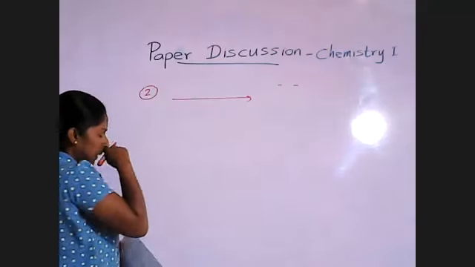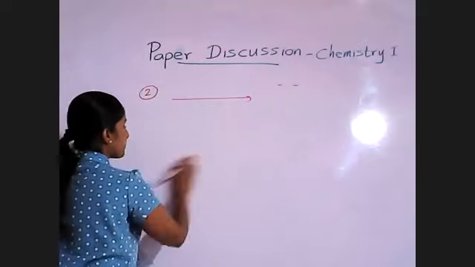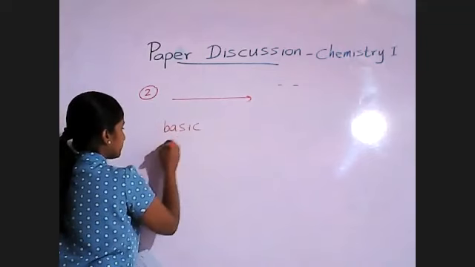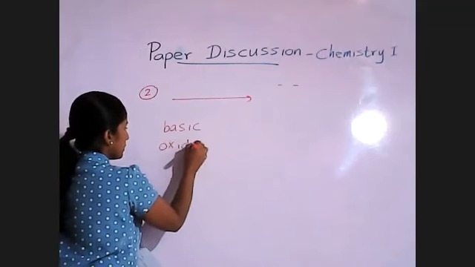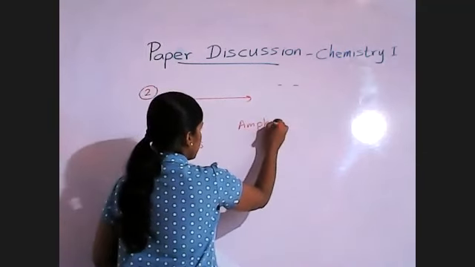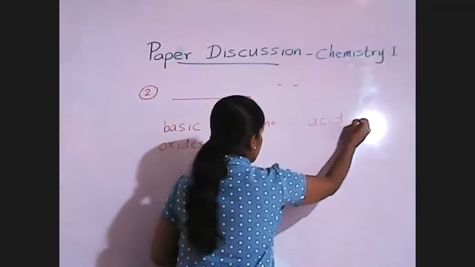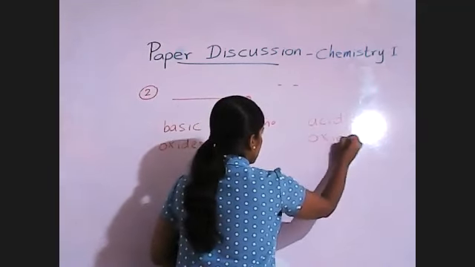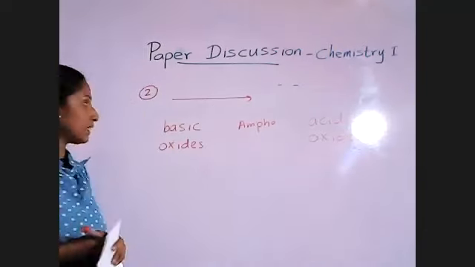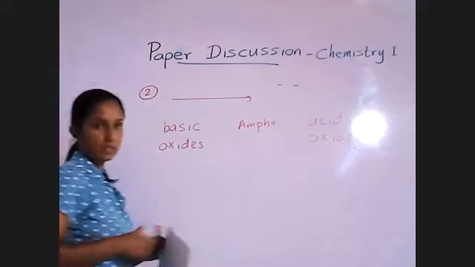In the periodic table, on the left-hand side, mostly they form basic oxides. Then we find amphoteric oxides, and then from here, they form acidic oxides. So the amphoteric oxides have both basic properties and acidic properties.